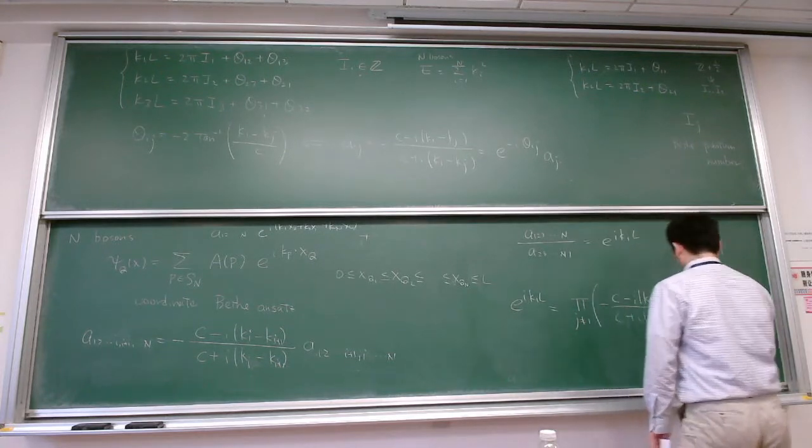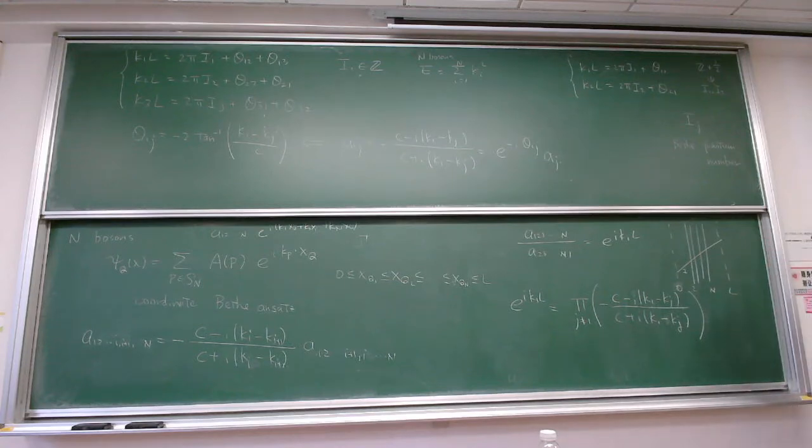This is a product, so do you agree? You just do the multiplication one by one, the scattering matrix. Do you understand what I mean? That's what I tried to convey last time. I'm being very slow, sorry.